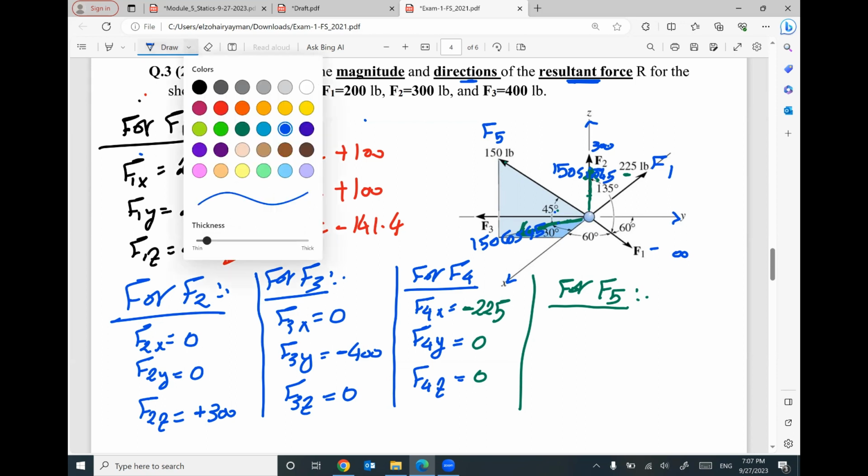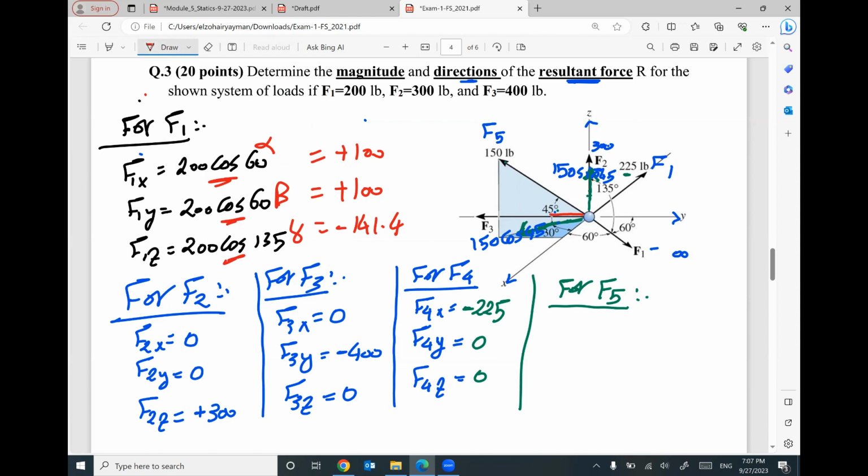Then I will break the projection line component between x and y using the angle 30 between the two red lines. The x component is adjacent to the 30, so this one will be 150 cosine 45 cosine 30. This one will be 150 cosine 45, the projection line component, times sine 30.